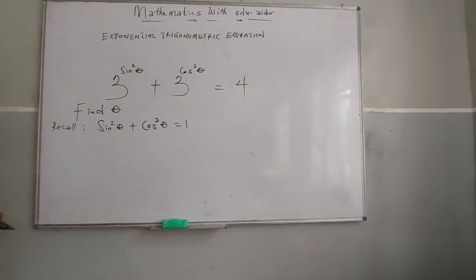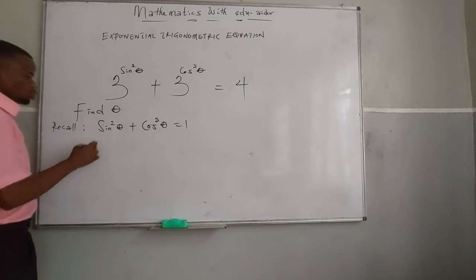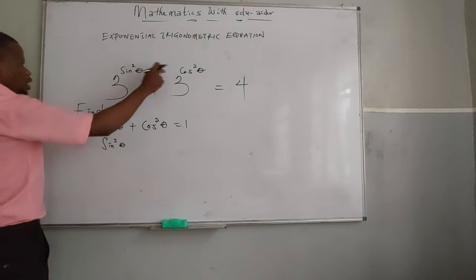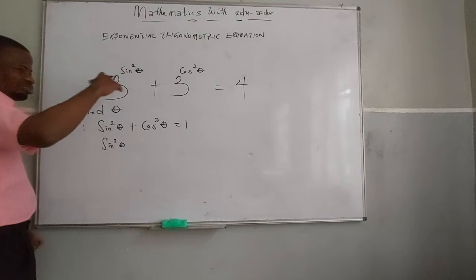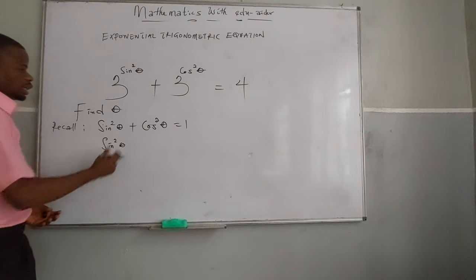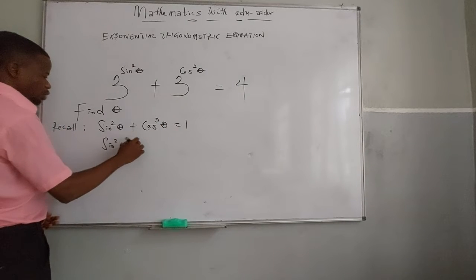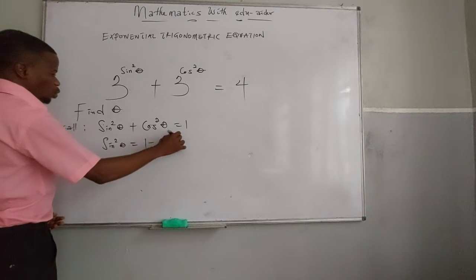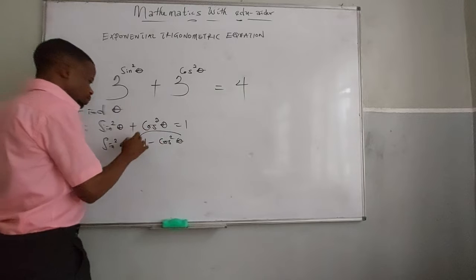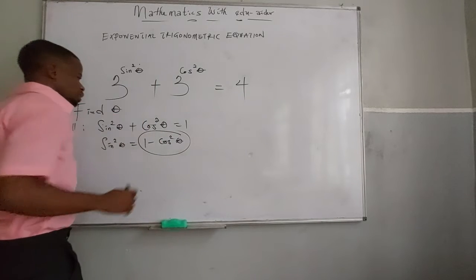For the IGCSE student and most special students, you can see similar questions. I want to make the exponents all of similar trigonometry. So I can say sine squared theta comes here as 1 minus cos squared theta. Right? Let this represent sine squared theta.